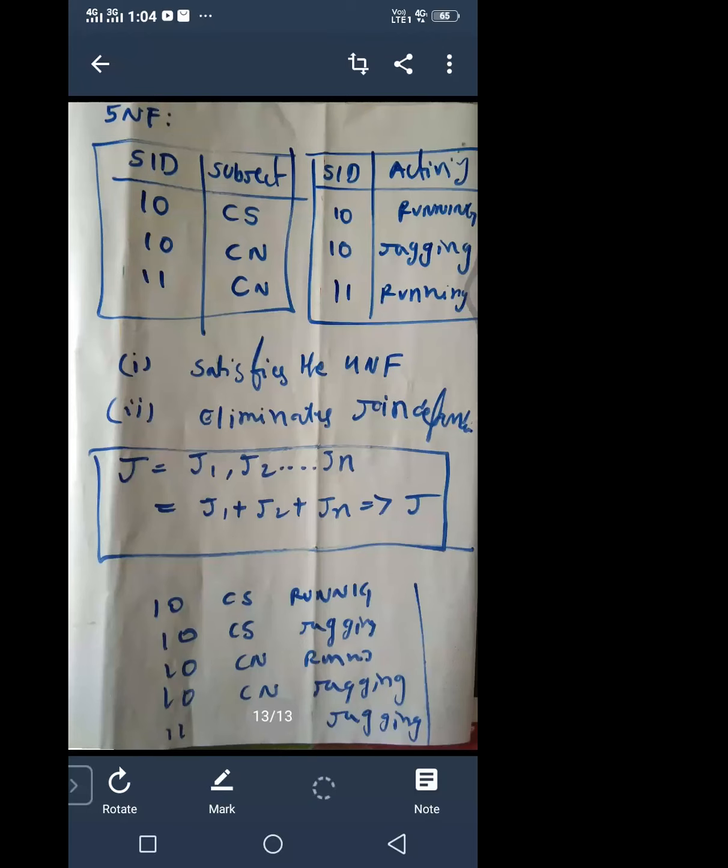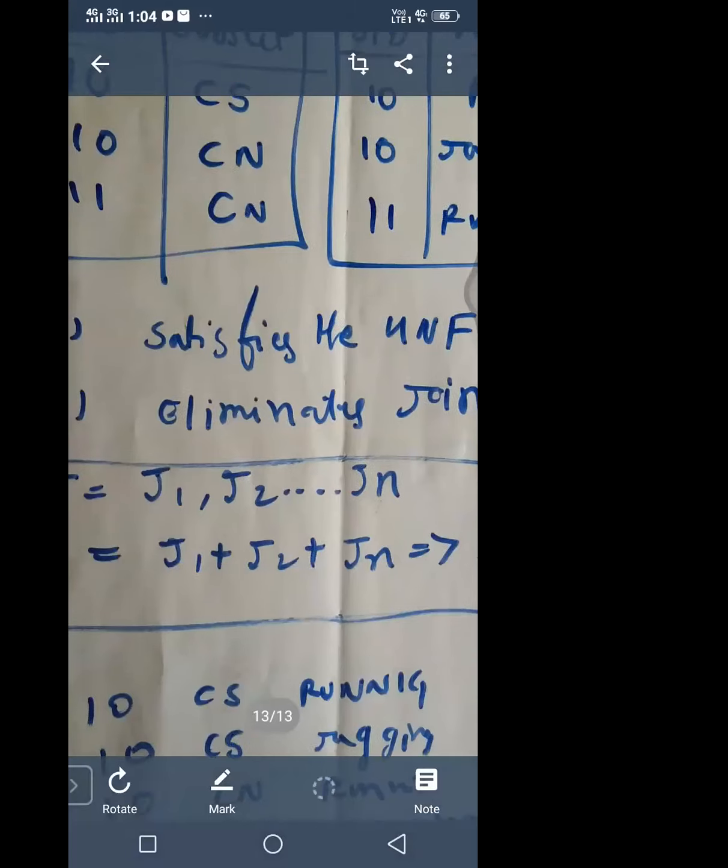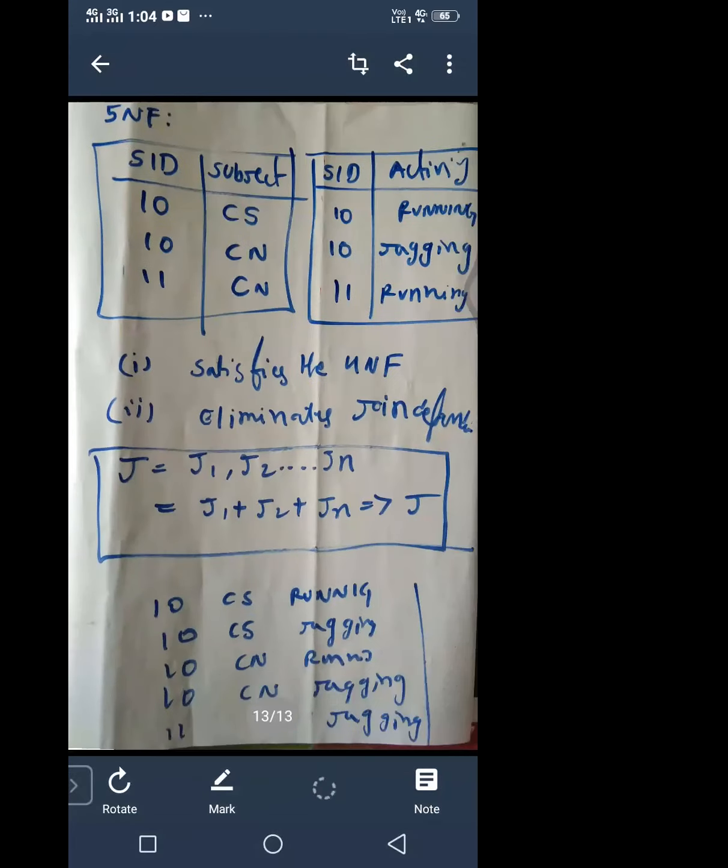In the case of S2.SID, also 10. So 10 CS running will form one row, which is noted below on the page. Please observe this: 10 CS running.